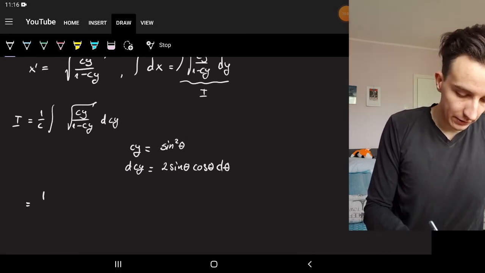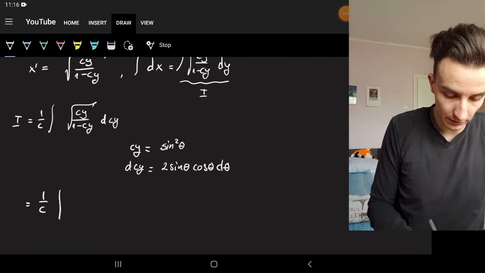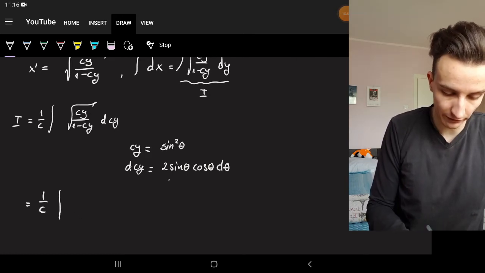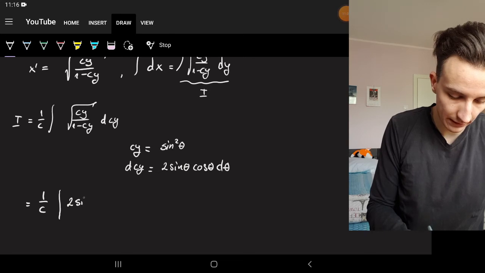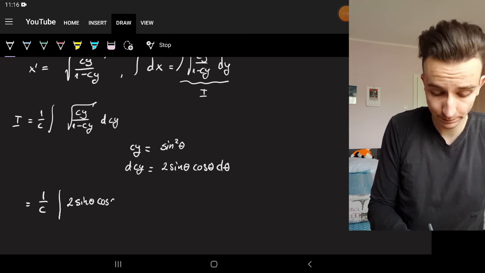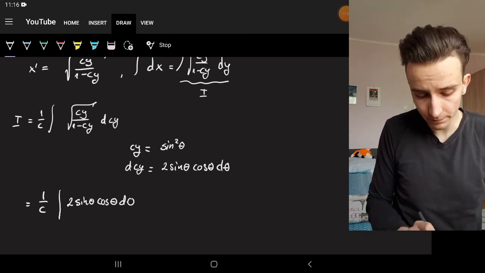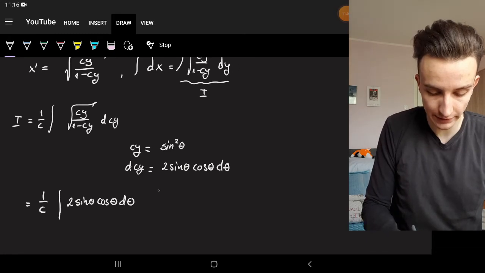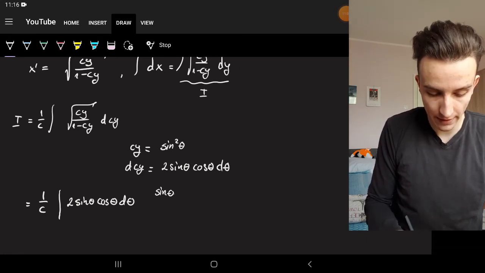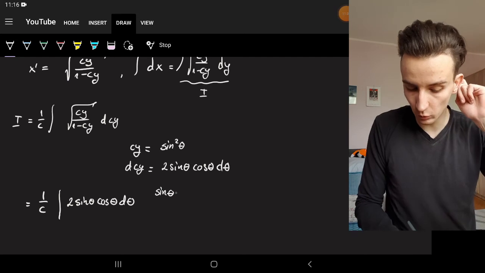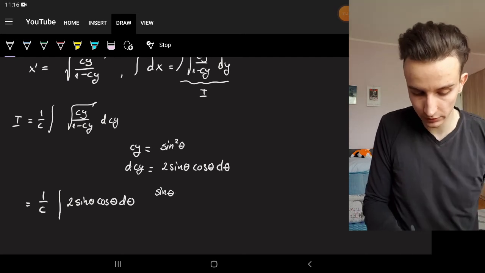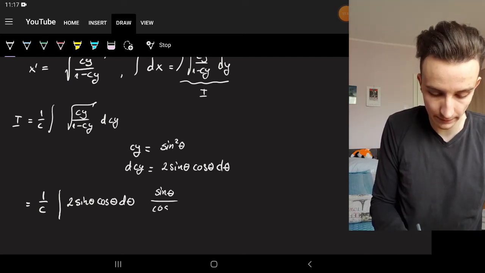So the integral is 1 over c integral. Let's put dcy first. So that's 2 sine theta cos theta d theta. And then we have cy is sine squared theta, so that's sine theta. And 1 minus cy is 1 minus sine squared, which is cosine squared. The square root is cosine theta.